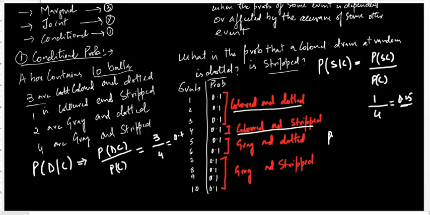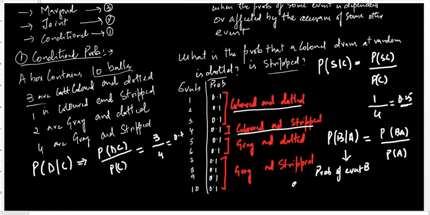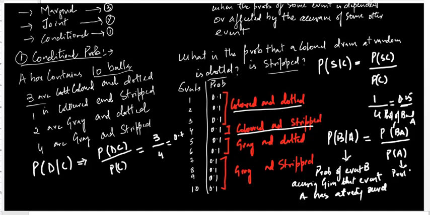Now let me say it like this: the probability of event B given that event A has already occurred is equal to the probability of B and A occurring together divided by the probability of event A. This is presented as follows: the probability of event B occurring given that event A has already occurred is the probability of B and A occurring together divided by simply the probability of A.